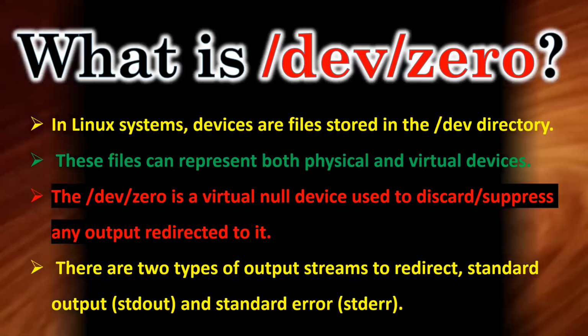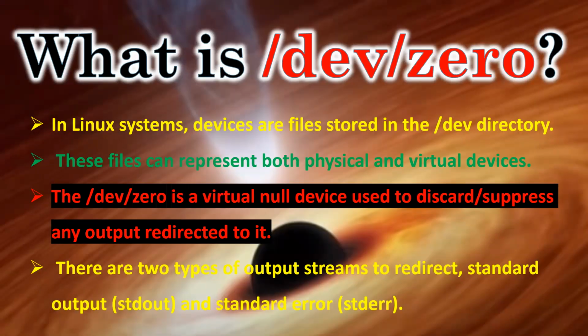The /dev/zero is similar to /dev/null. The only difference between the two is that one is called /dev/null and the other one is /dev/zero. Both of them are created with the mknod command. On UNIX, when you create them, you have to give a device major number and a minor number.